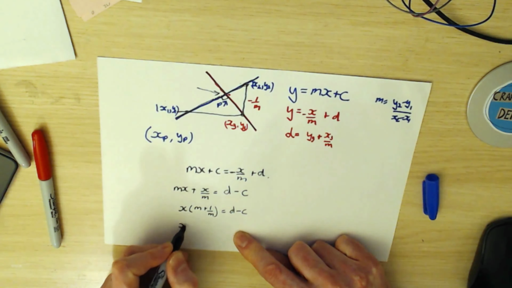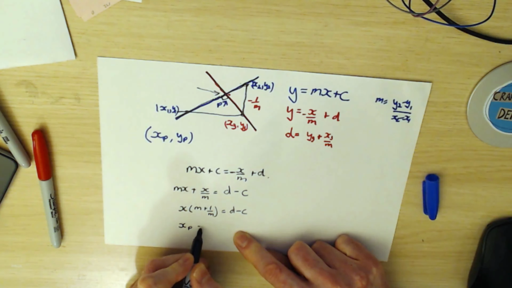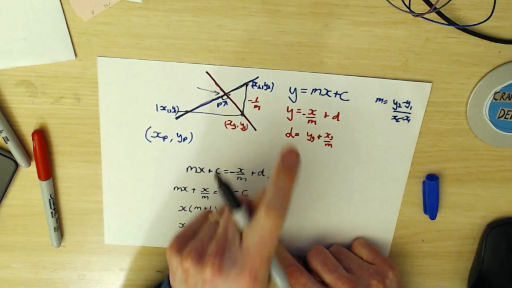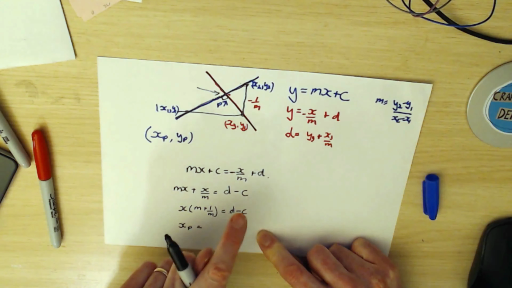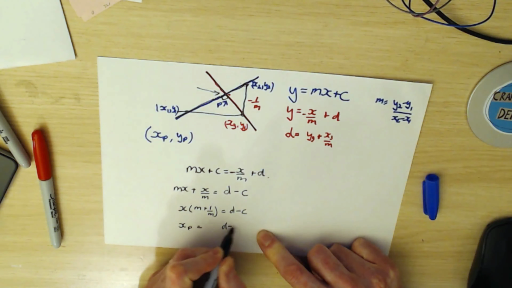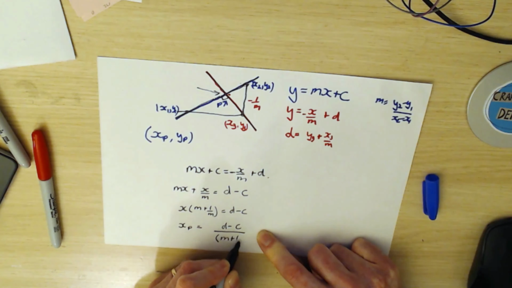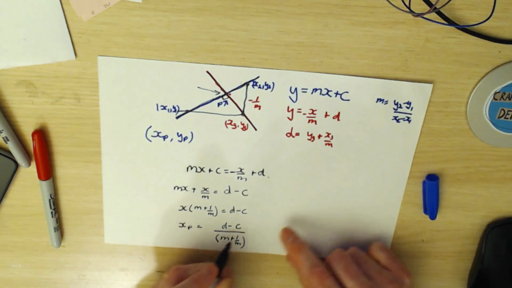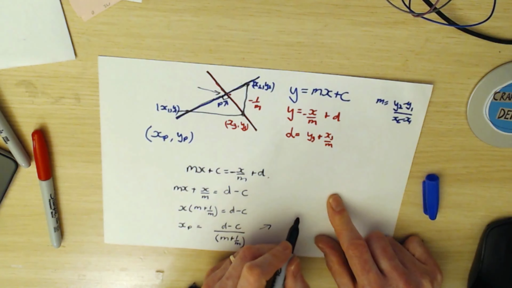So xp equals d, which I can work out, minus c, which I can work out, d minus c, divided by m plus 1 over m. And when I've got xp, I can work out yp from either of these.